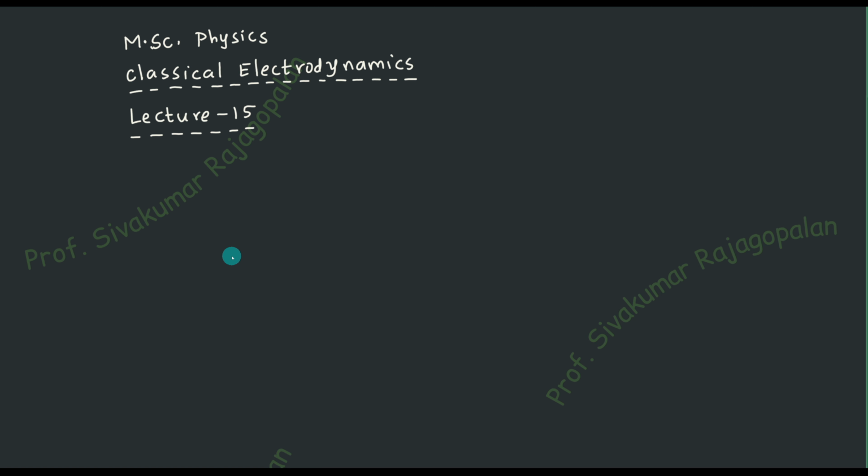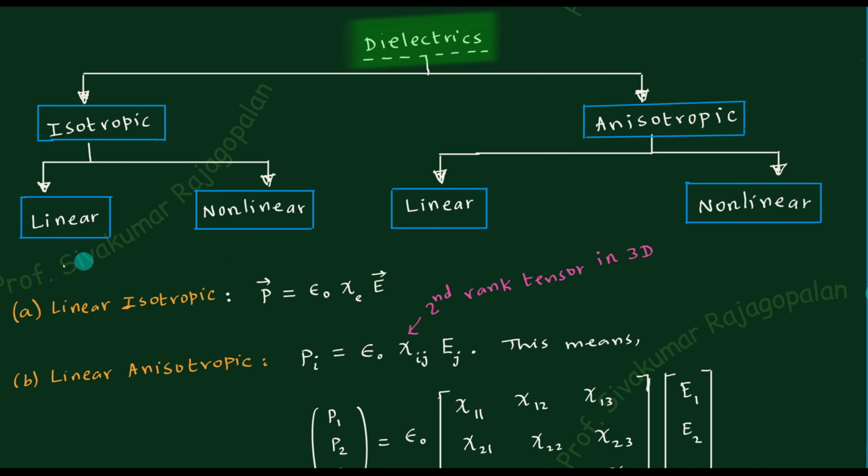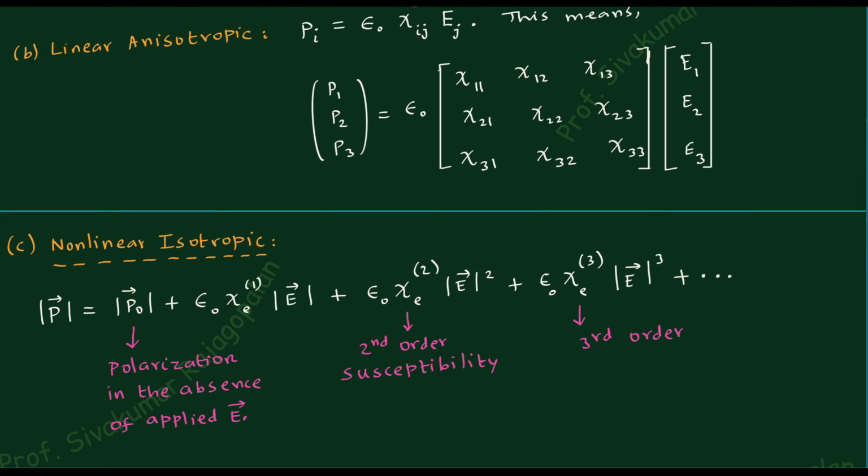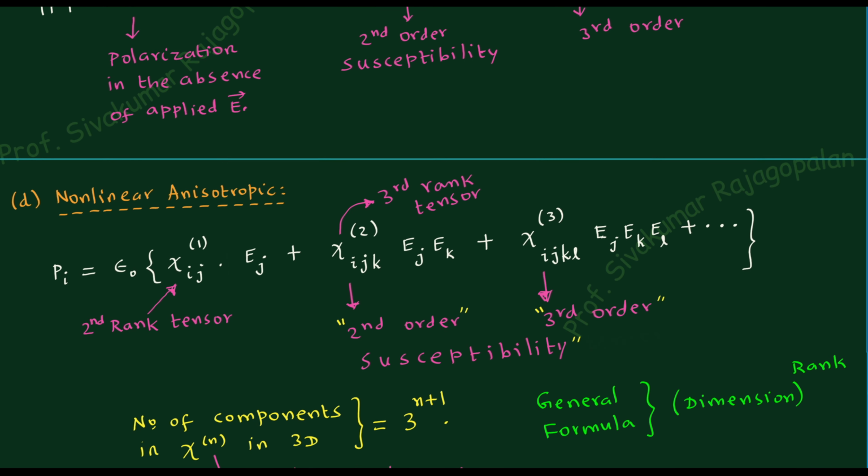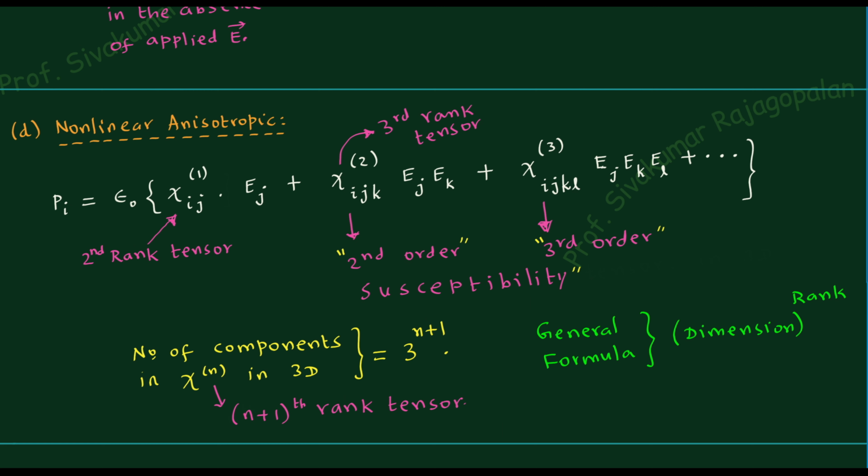So let me therefore show the place in the board where we have discussed the classification of dielectrics, and then we have seen the definition for the linear, non-linear, as well as the isotropic and anisotropic classification, and what is the meaning of the susceptibility tensor, etc. And I also explained how this kind of study has led to the development of new fields such as nonlinear optics and discovery of new materials such as the functional materials such as the ferroelectric materials.